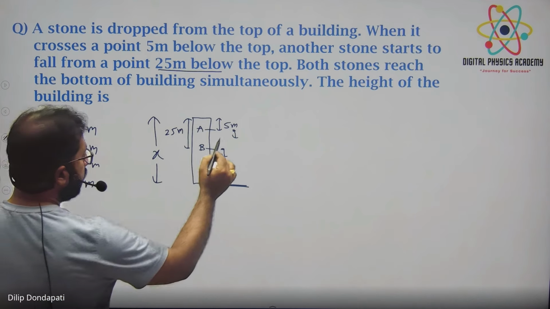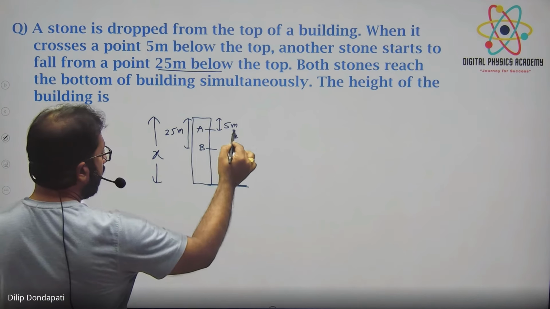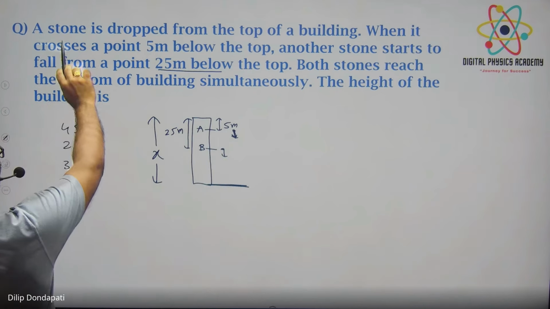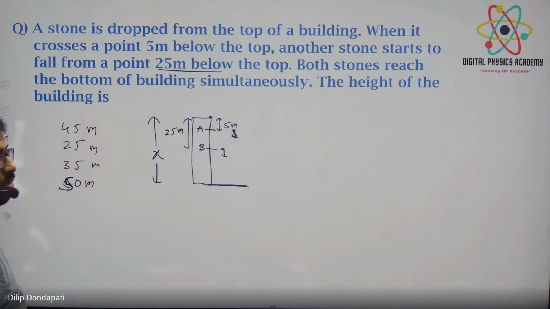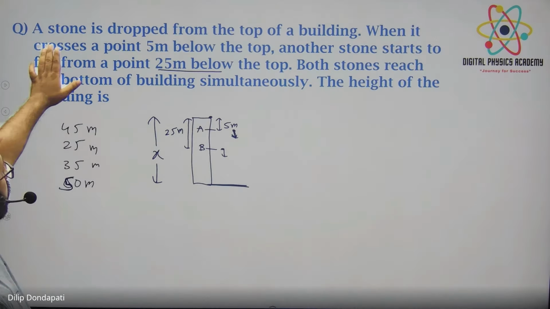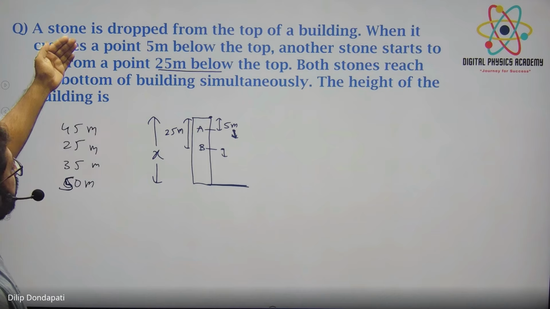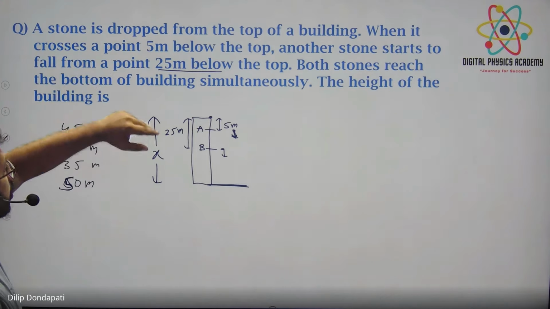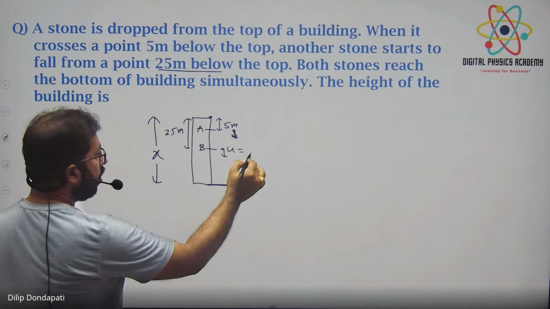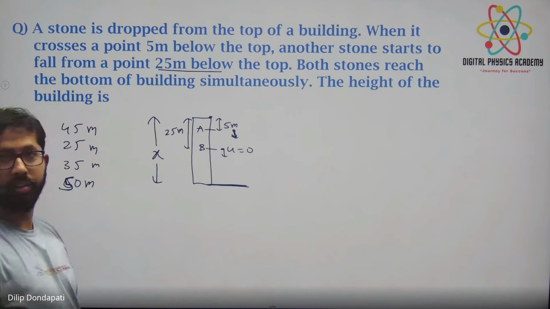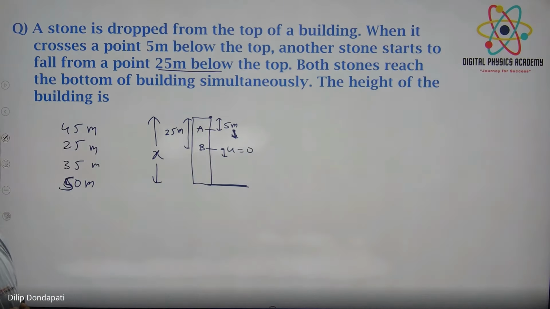When the ball is falling here, see, the stone is dropped from the top of the building. Same stone we're talking about, right? A stone is dropped from the top of the building. When it crosses 5 meters below it, another stone starts to fall. So its velocity is 0, right?